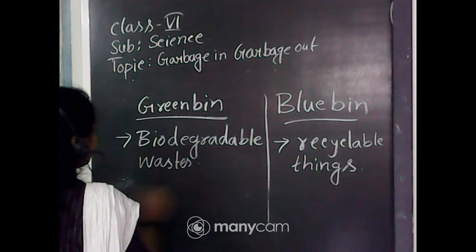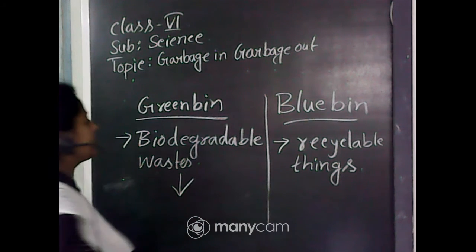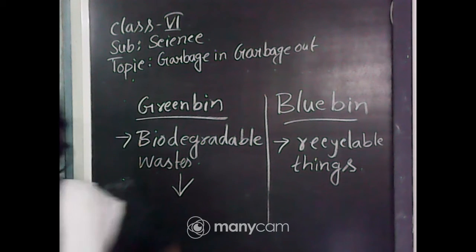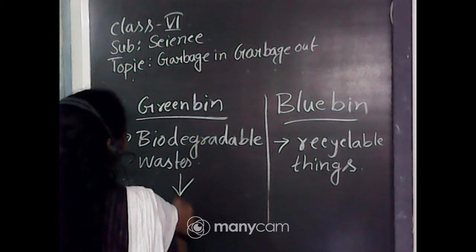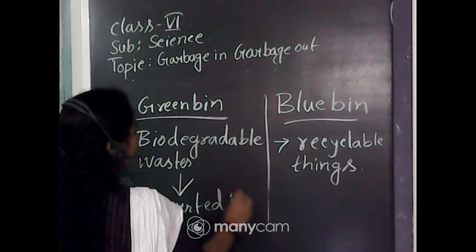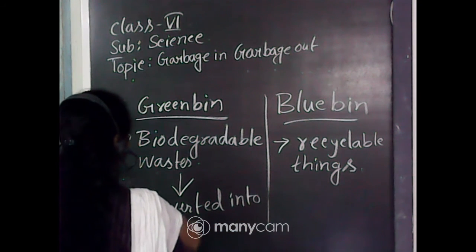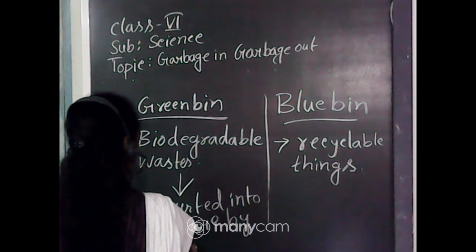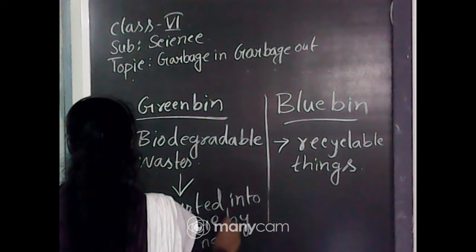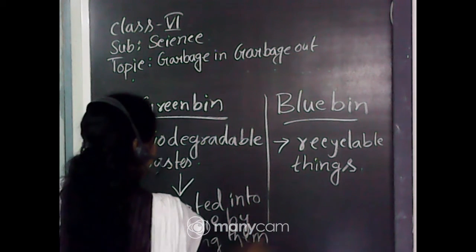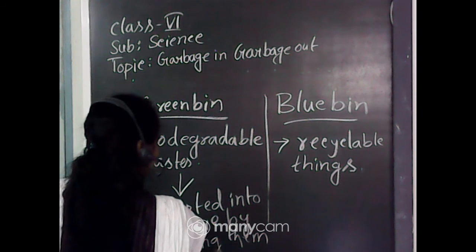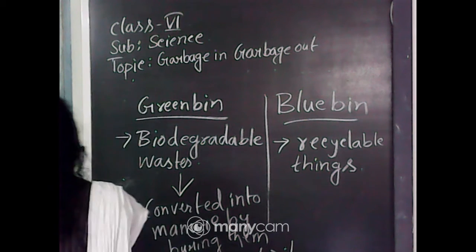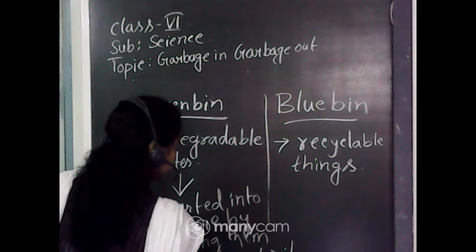The waste of the green bin, including kitchen waste and other things which are easily degradable in nature, is converted into manure by burying it in a compost pit. So this is known as composting.